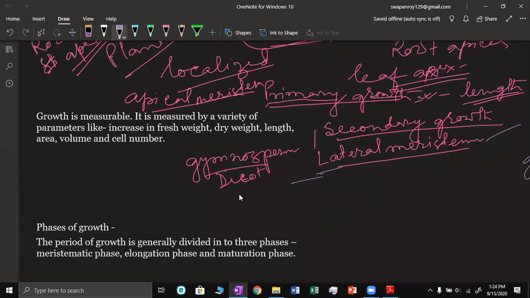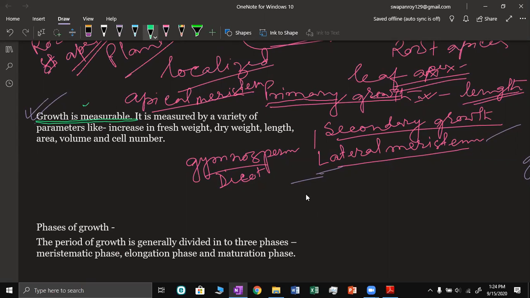Another thing about growth is that growth can be measured. How to measure? As we have learned from the definition, growth is an irreversible increase.